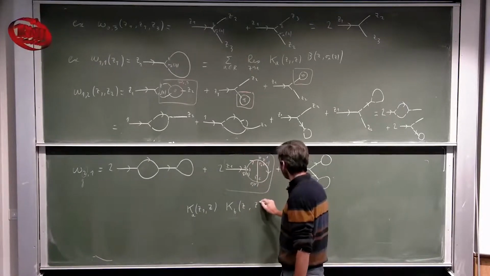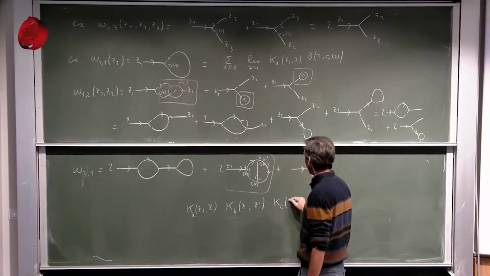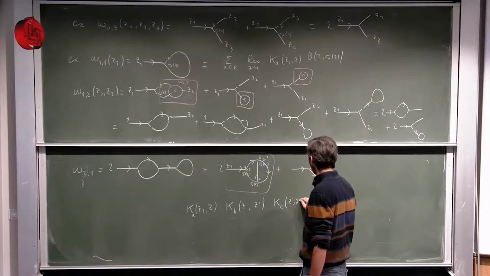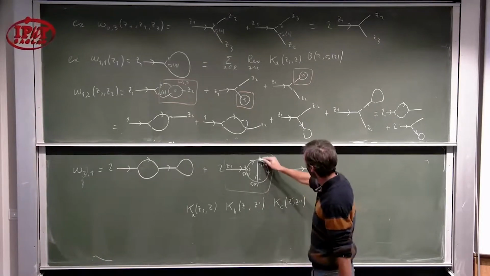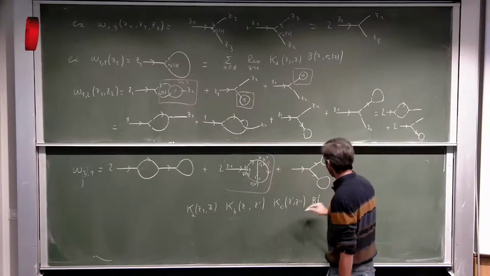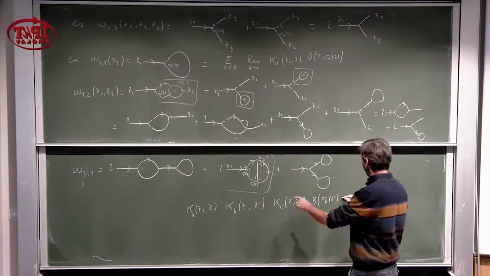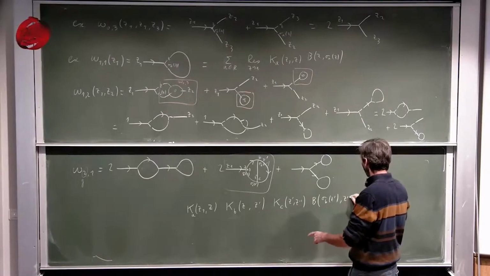Z prime. Then this one is the K of Z prime Z second. And here you have a B of sigma B of Z prime times Z second for the other variable.